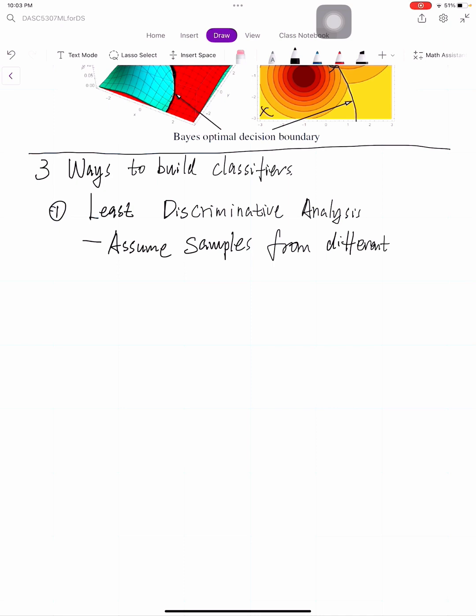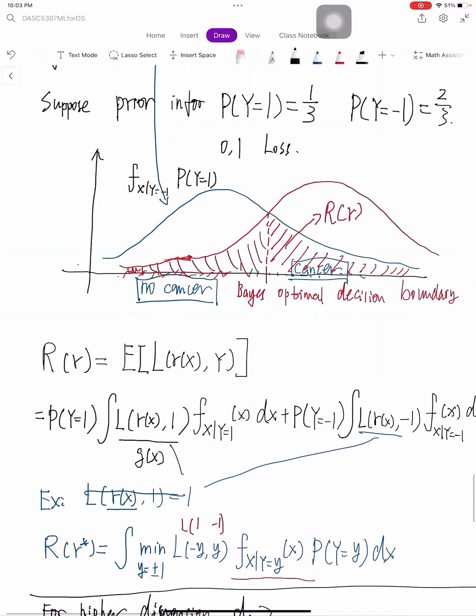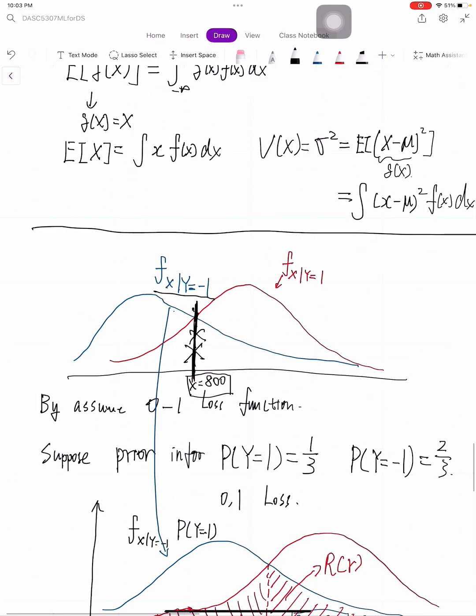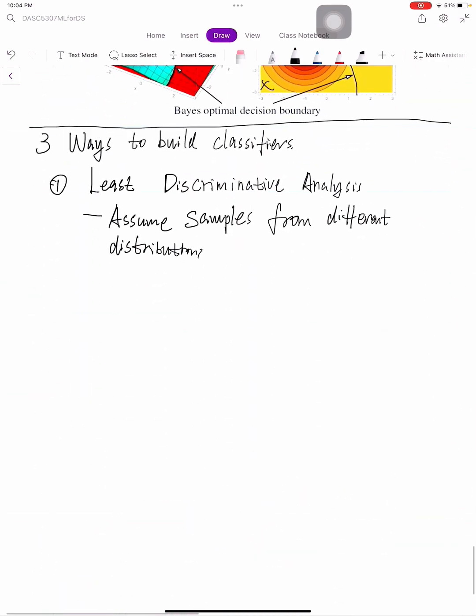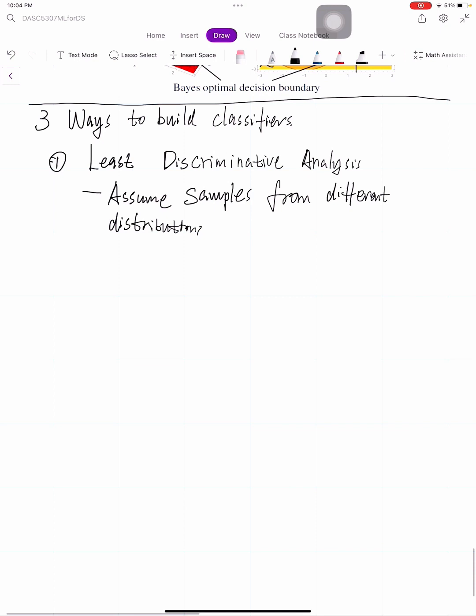For example, for the cancer group, we have one distribution, and for the no cancer group, we have another population distribution. For each class, we just fit a distribution.